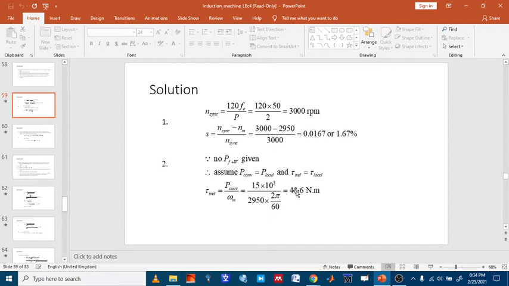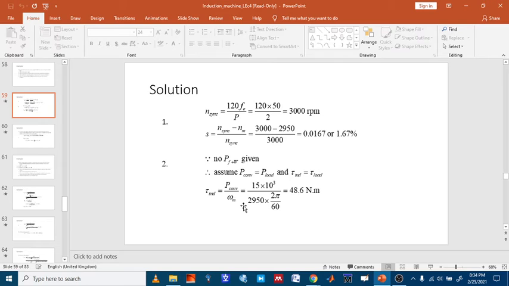The torque is in terms of omega M, and omega M is in radians per second, not in RPM. So please convert it into radians per second. Is it because of omega M that we are converting it? Yes, that's it, because omega is measured in radians per second.